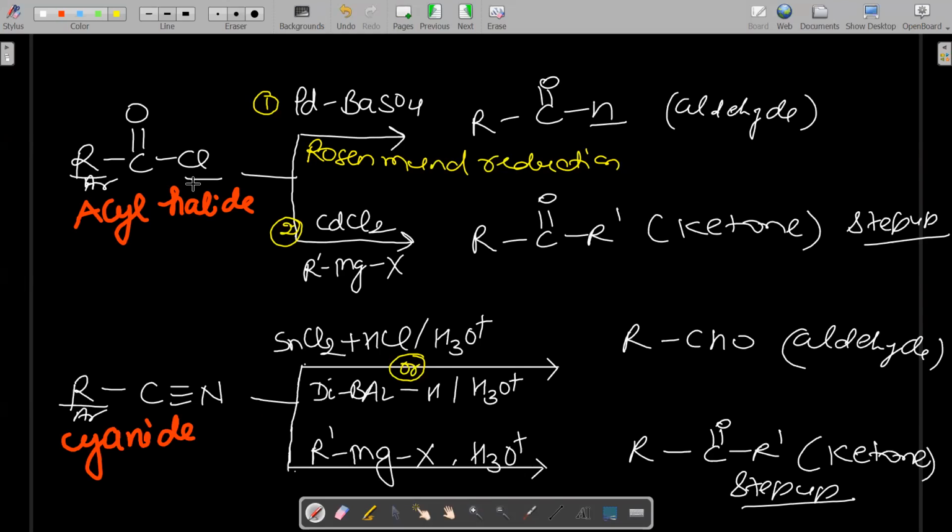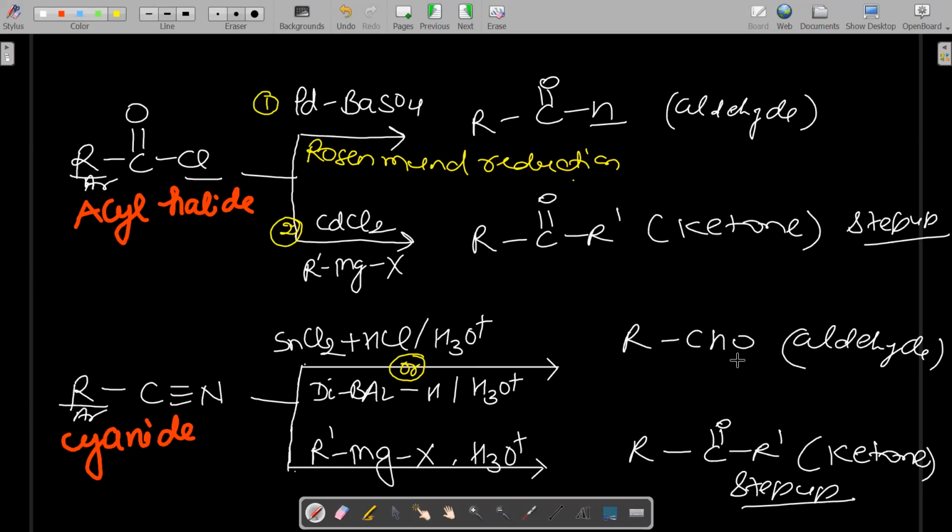So acyl halide is used in so many reactions. It directly converts into aldehyde, it directly converts into ketone, either by Rosenmund reduction or by catalyst, cadmium chloride and R-MgX. Similarly, cyanide is also used in so many places.